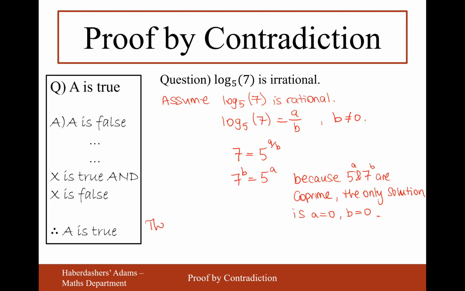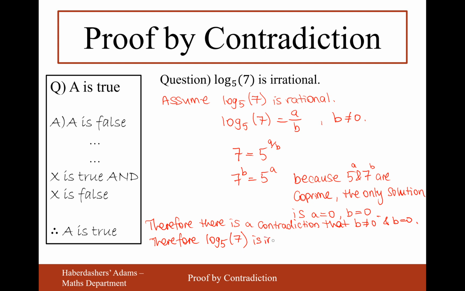So therefore, there is a contradiction that b does not equal 0 and b does equal 0. So what we assumed to get to this contradiction must be incorrect. So therefore, log base 5 of 7, which started this whole thing off, must be irrational.